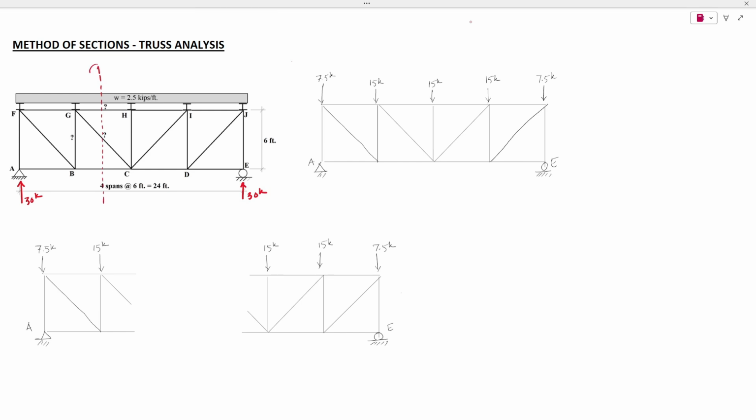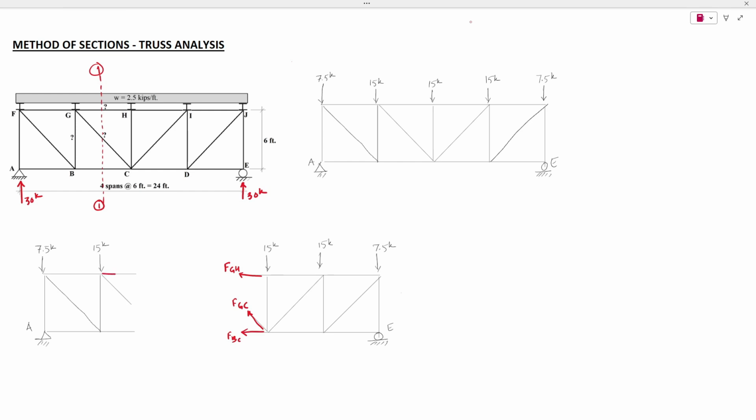Let's say this is section 1, and if we cut this and draw our diagram, the left part of the section would be this, and the right part would be this. Let's consider these unknown forces to be in tension, which is FGH, this cut section is FGC, and then this is FBC.